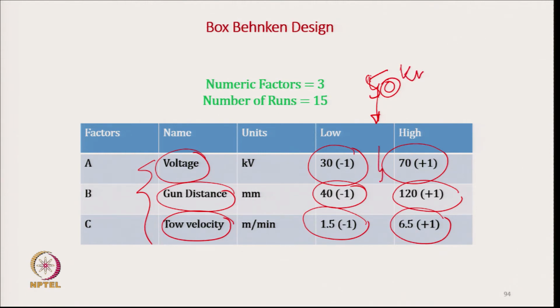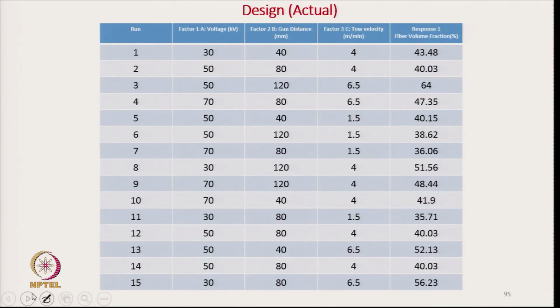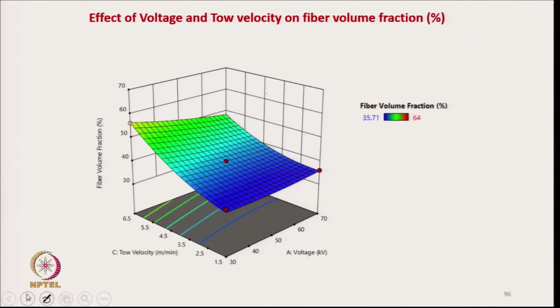So, middle value we have taken as the third level, so 0 level. So, this is -1, +1 and 0 level we have used, and the total combination of the parameters are there. There are total 15 experiments. Now, we can see here the same trend we got earlier for single variable experiments, but here we will get the total response surface.